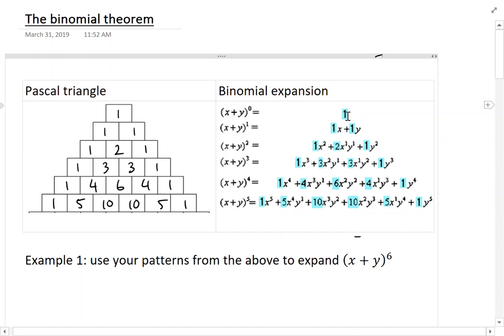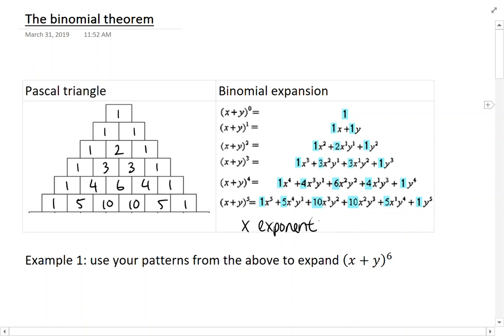When we look at these highlighted parts, which are the coefficients, you'll see that they are basically the numbers from Pascal's triangle. And there's another trend, which is when you look at the x exponents, for each of the degrees, as you go from left to right, the numbers go down.